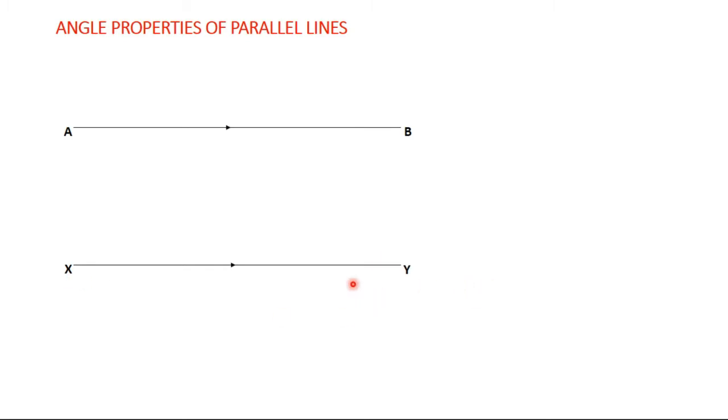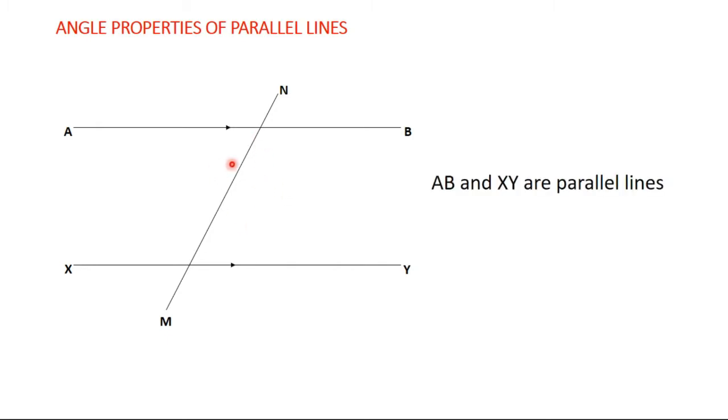Now, when you have parallel lines like this, and you have another line crossing the parallel lines, you are going to form different types of angles here. We are going to consider the properties of these angles in this video. So we say that line AB and line XY are parallel lines, and the line crossing the parallel lines is called the transversal.